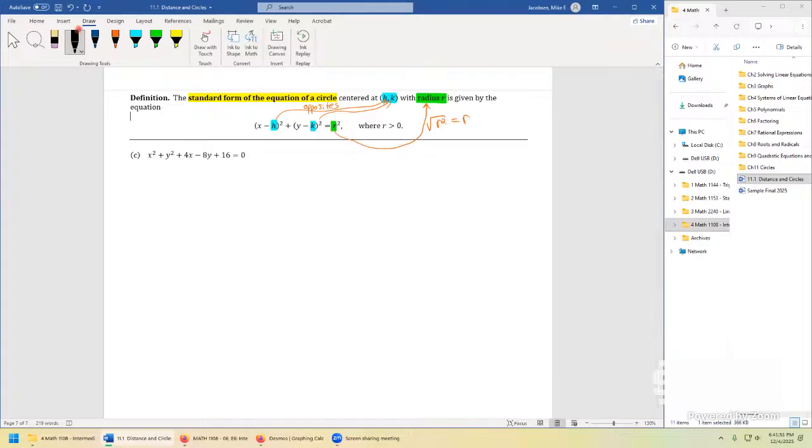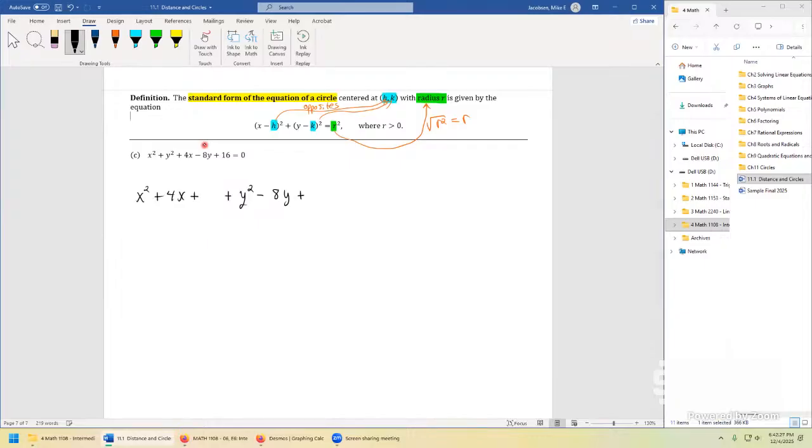Using the last problem as a guide, we want to put all the variables together and move the constant term to the opposite end. You also want to do a little bit of organizing. Bring the x variables next to each other. So let's rewrite this as x squared plus 4x. Put a little bit of space there, go plus, blank, plus, then start putting down the stuff for y. It'll be y squared, bring all y variables together, so y squared minus 8y.